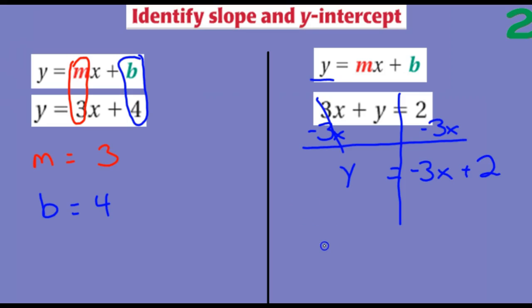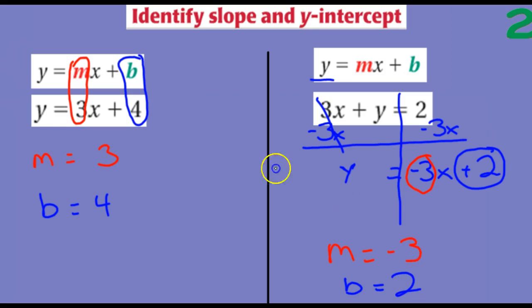Now we said the m always comes before the x. So if the m comes before the x, that's our negative 3. So our m, our slope, is negative 3. And our b, then, is negative 2, or not negative 2, sorry, positive 2.